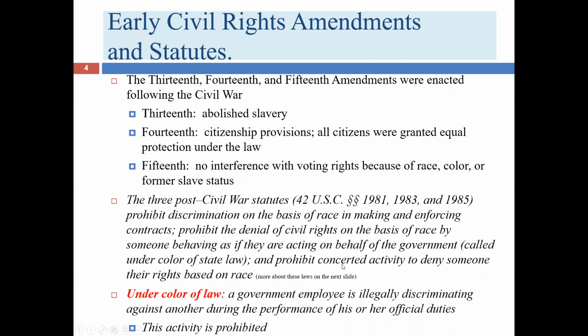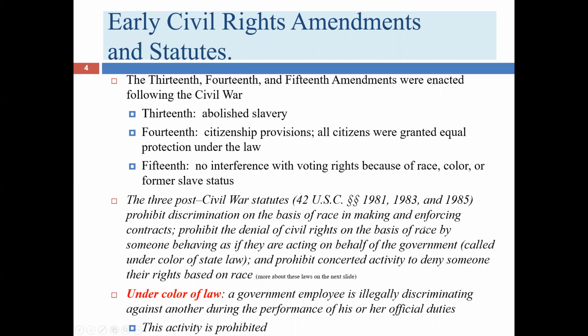And then they finally prohibit concerted activity to deny someone of his or her rights relating to race, and that's Section 1985. Much of this had to do with organized activity like Ku Klux Klan activities, things along those lines. So these are 3 very important statutes, both historically and in relationship to current law, especially for our purposes, Section 1981.